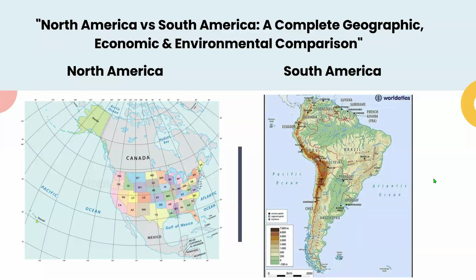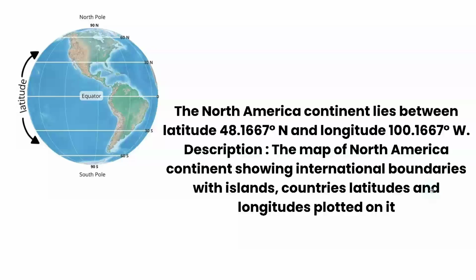North America is in the Northern Hemisphere, South America is in the Southern Hemisphere. Let us also club together the similar things. Because we know the important latitudes, and how in the latitudes you will find similarities, based on that we are going to study. So stay till the end of the video. Now let us see.